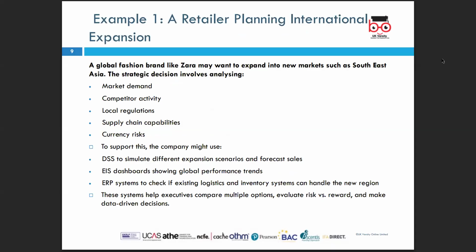An example of a strategic decision is a retailer planning international expansion. For example, a global fashion brand like Zara might want to expand into new markets such as Southeast Asia. What could be the strategic decision involved in this analysis? We're going to look into market demand in that region, competitive activities, local regulations, supply chain capabilities, and currency risks.